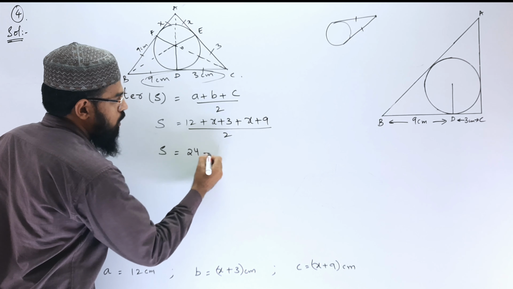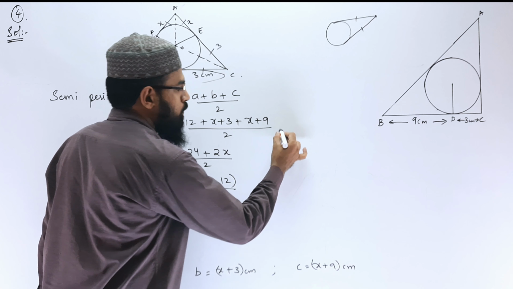Now let us take out 2 common. If we take out 2, we will get x plus 12, since 24 by 2 is 12. Therefore s is equal to x plus 12.